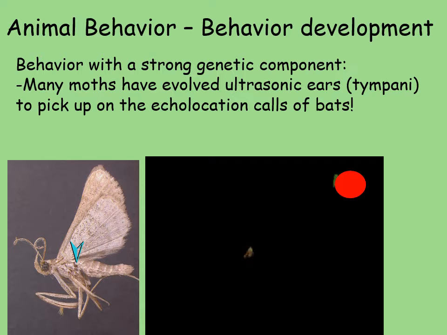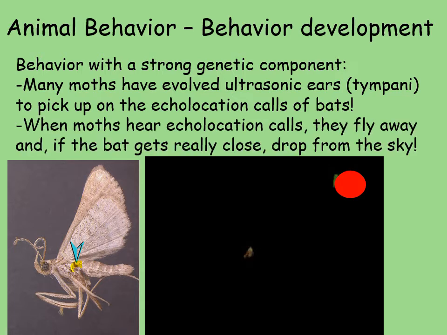You can see here in the diagram with the arrow pointed to it, located behind their wings. These tympani are used specifically to pick up on the echolocation calls of bats. So they've evolved hearing specifically to deal with the danger represented by predatory bats.